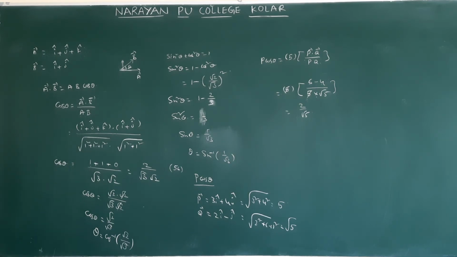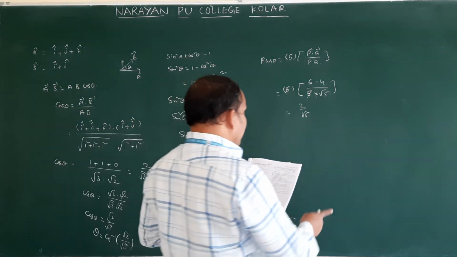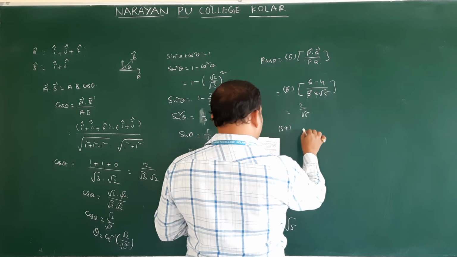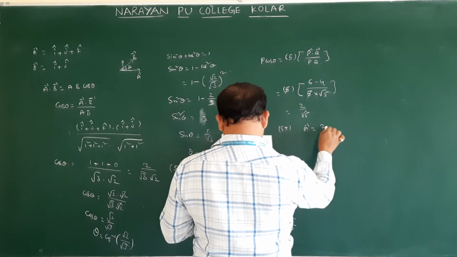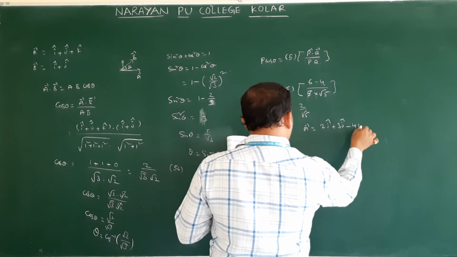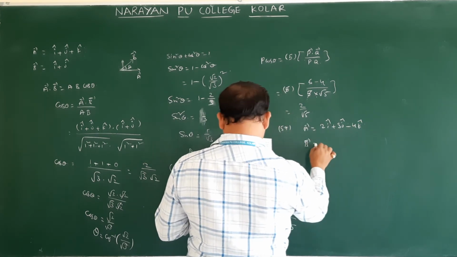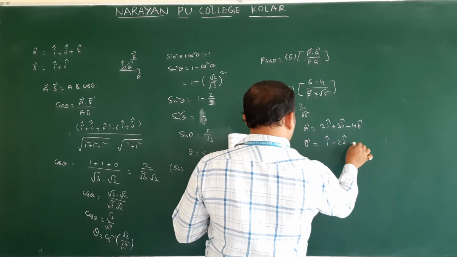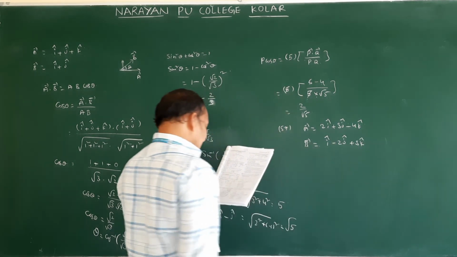Next is question number 57. The component of 2i cap plus 3j cap minus 4k cap along i cap minus 2j cap plus 3k cap. So they gave, let us assume this vector is a bar, 2i cap plus 3j cap minus 4k cap, and b bar, i cap minus 2j cap plus 3k cap.